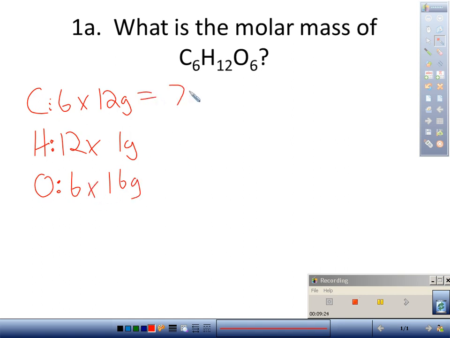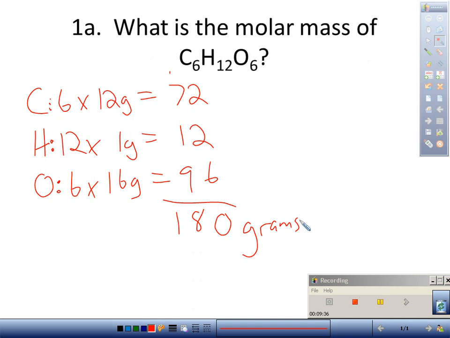And I multiply across. And I add vertically. And that's my answer. The molar mass of this substance is 180 grams per mole.